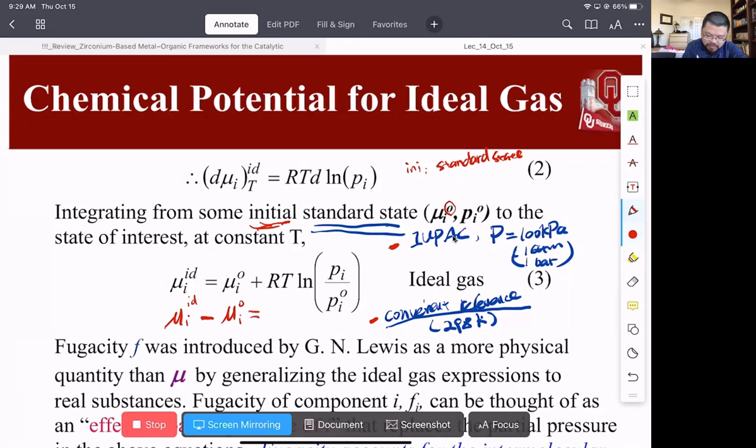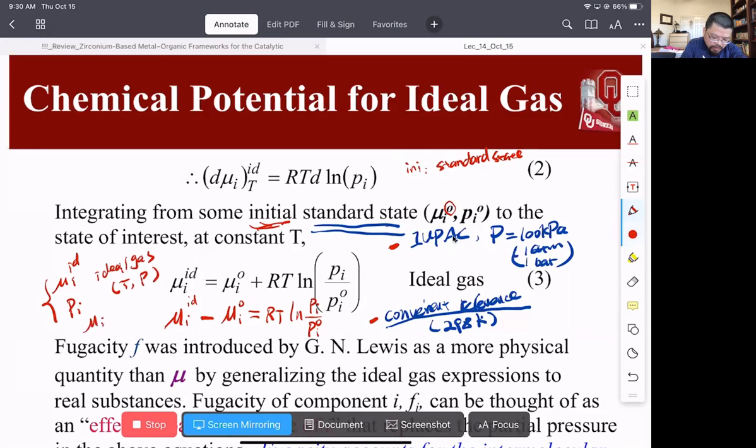To the right of the equation, that is RT, and that would be the log of pi over pi naught, right? So the mu i and pi shall be the ideal gas at our interested temperature and pressure.